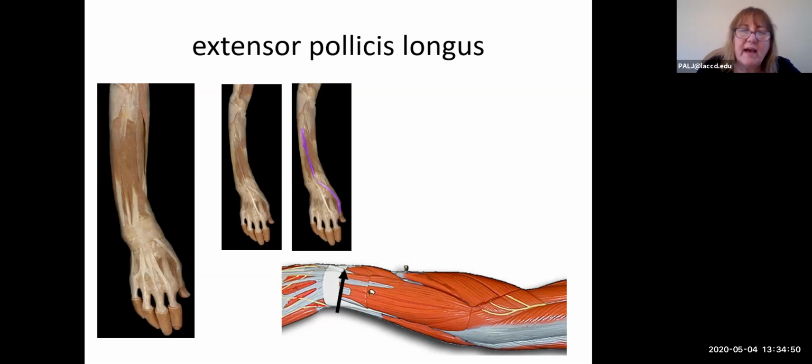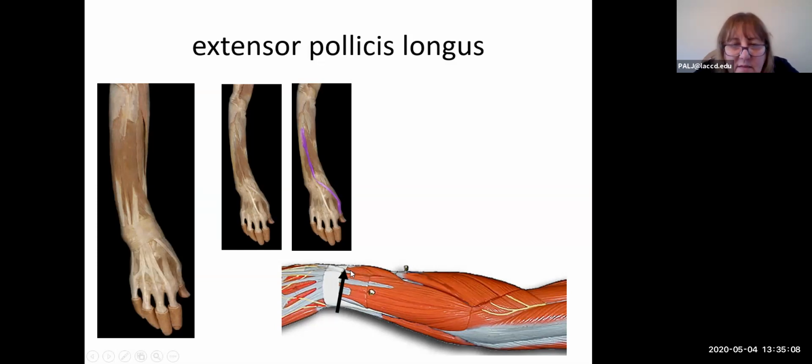So let's go back to the thumb side. On the thumb side, brachioradialis, extensor carpi radialis longus, extensor carpi radialis brevis. Then you see 2 big muscles here. We're not learning them.